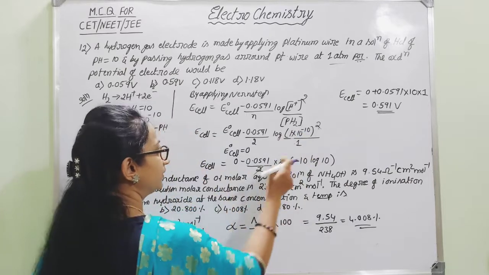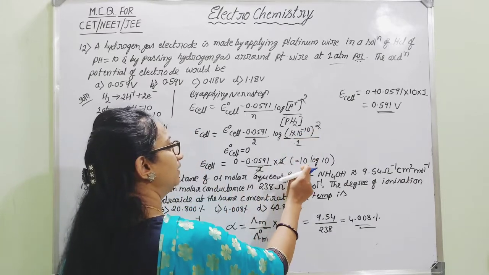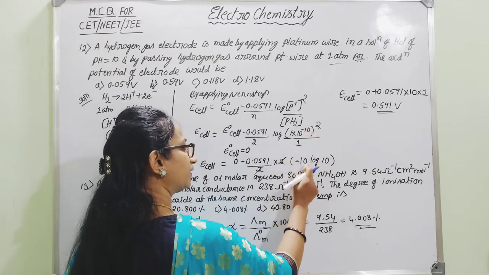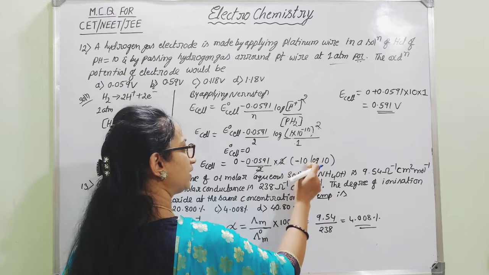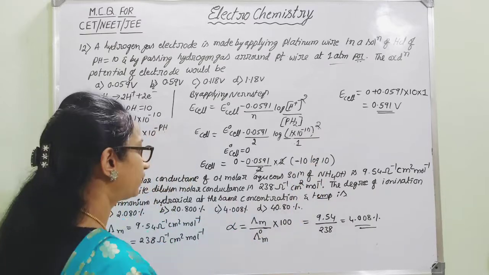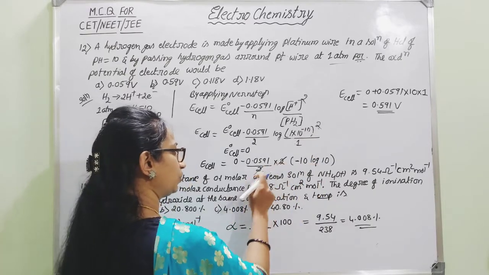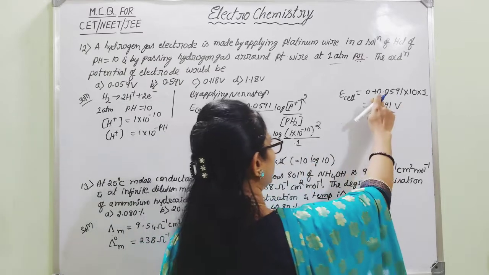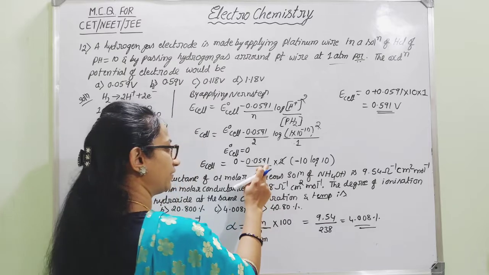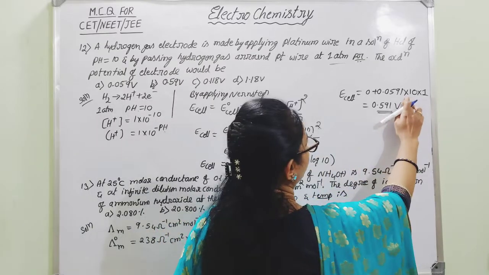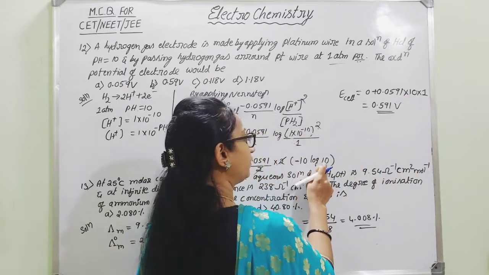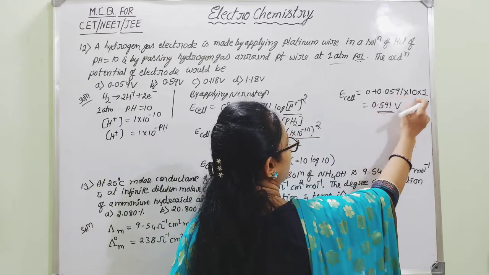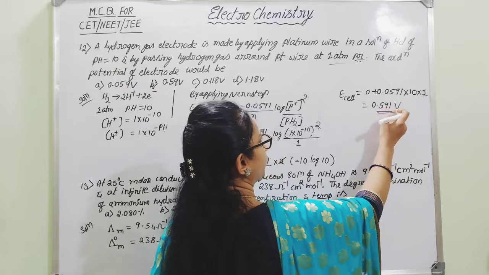Therefore, I can write 2 and then 10 power minus 10, which is minus 10 log 10. And you can cancel these 2. Then minus into minus will become plus. Therefore, you will get plus 0.0591 into 10. Log 10 value is 1. So, if you simplify this, you will get 0.0591 into 10 is 0.591 volts.